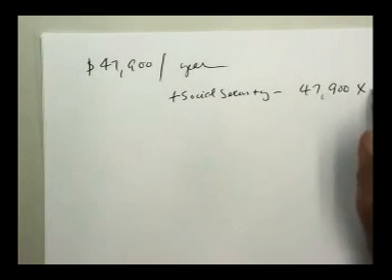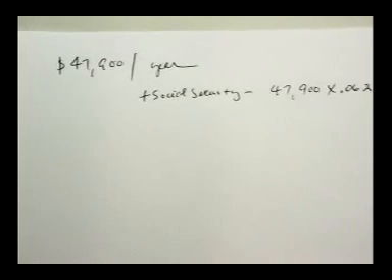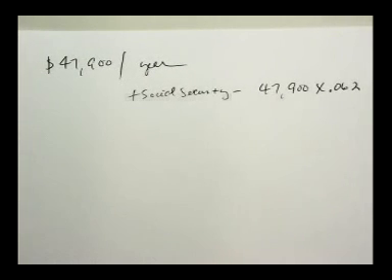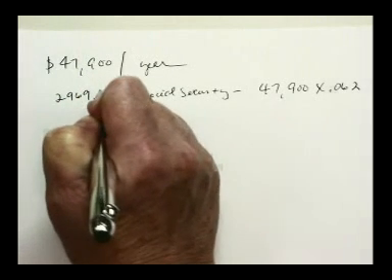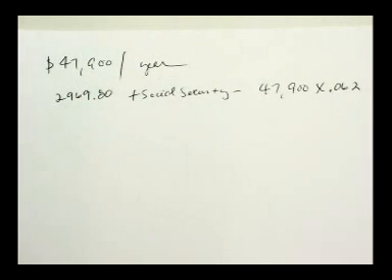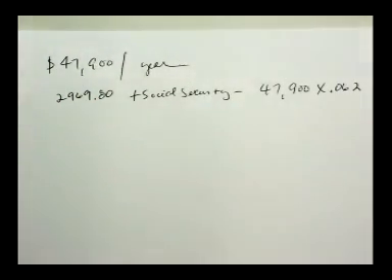So 47.9 at 0.062, or 6.2%. 47.9 times 0.062, I got $2,969.80 for the employer's cost of Social Security.